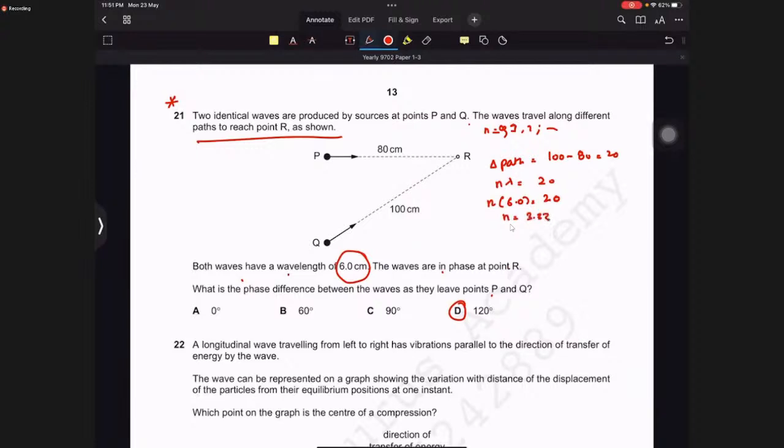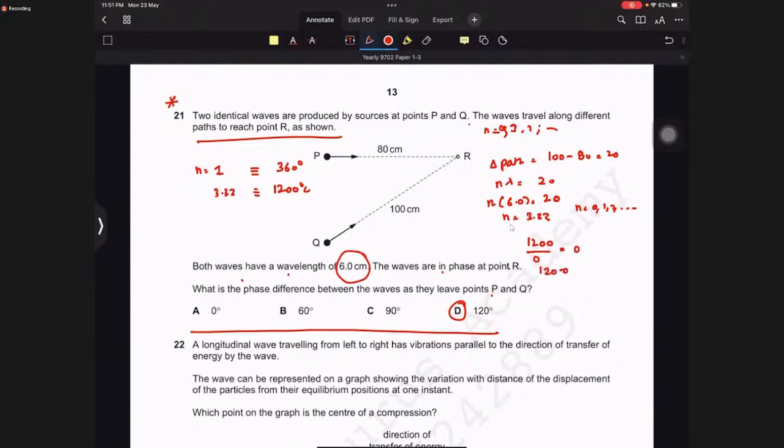And I know for a fact that when n is equal to 1, it is equivalent to 360 degrees. So 3.33 would give me like 1200 degrees, right? Then because none of the answers were here, I checked at what n the correct answer will come. So I divided, because n is equal to 0, 1, 2, and so on. So I divided by 0 first, it was 0, and then so on. So I know that when I divide 1200 by 10, when n is 10, this is the point where I'm going to get this answer right here.